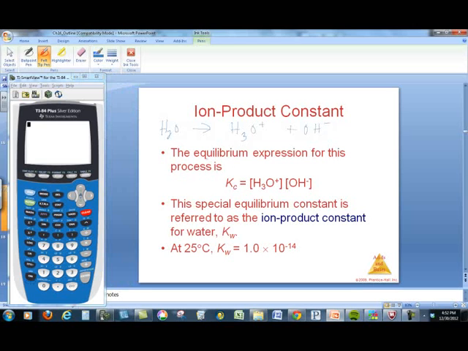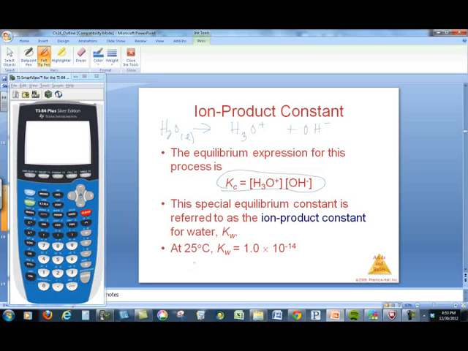The equilibrium expression is the concentration of the products over the concentration of the reactants, right? But because this is liquid water, and pure liquids and solids are not included in the equilibrium expression, the equilibrium expression is just the hydronium ion and the hydroxide ion.